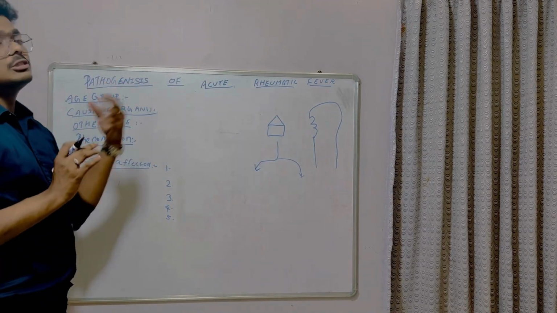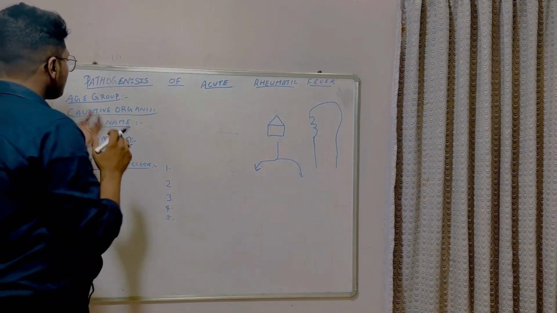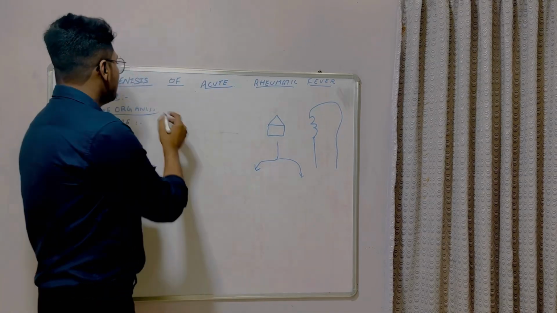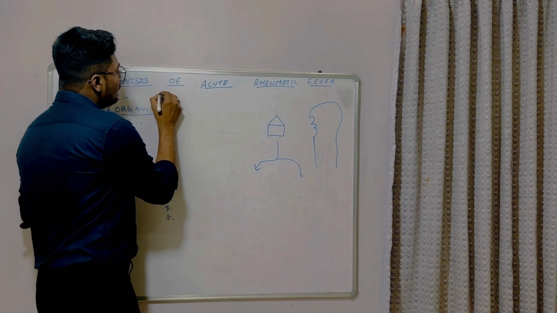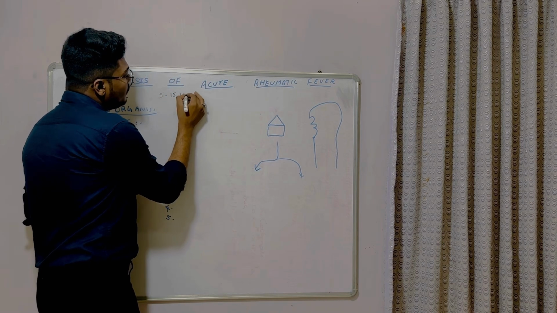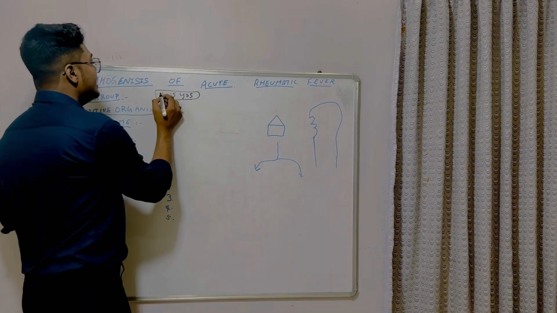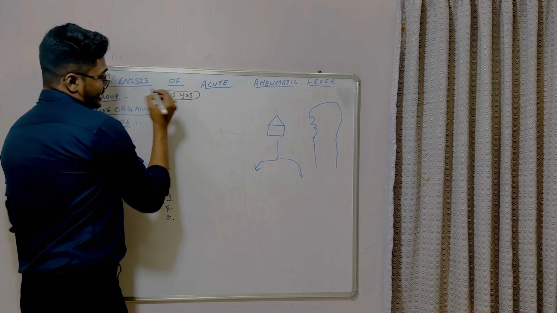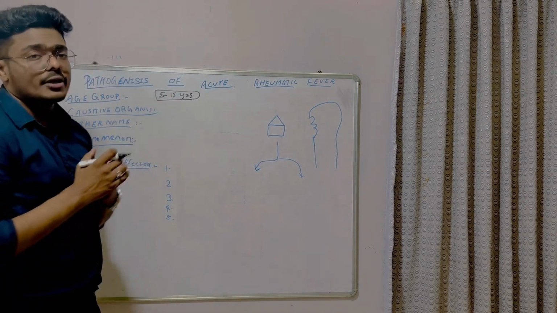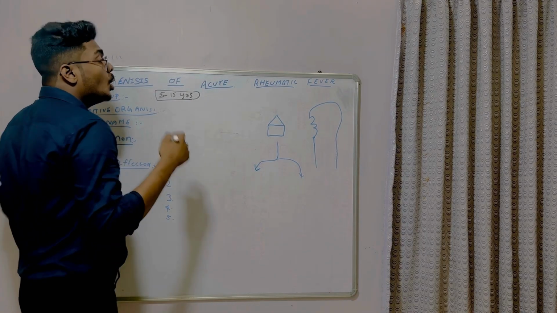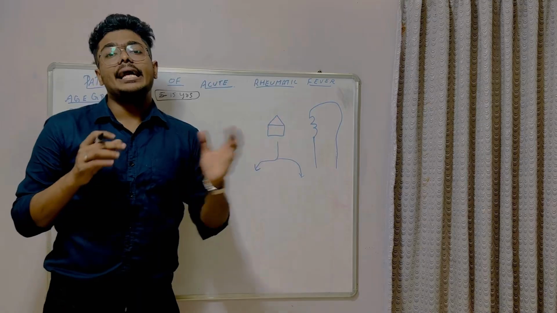So pathogenesis of acute rheumatic fever. The age group that is going to be most commonly affected by this disease is the age group of 5 to 15 years. So 5 to 15 years, this is the age group that is going to be most commonly affected by the Streptococcus pyogenes. Now what is the causative organism? As I have mentioned, the causative organism is the Group A beta hemolytic streptococci.